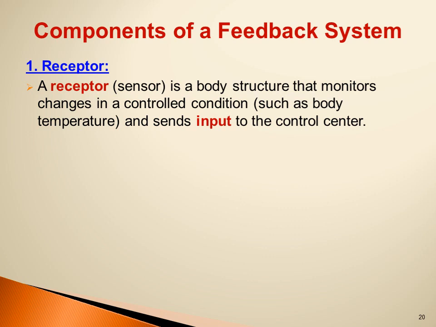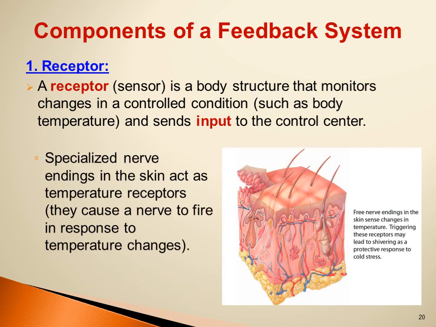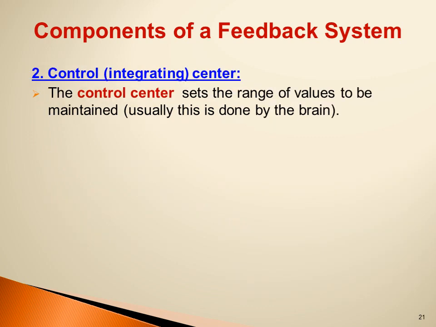The receptor will sense those changes and will send input to the control center. For example, we have specialized nerve endings in the skin that act as thermoreceptors, or temperature receptors, and changes in temperature will cause a nerve to fire in response to that change. And here we see a drawing of an example of the nerve endings in the skin.